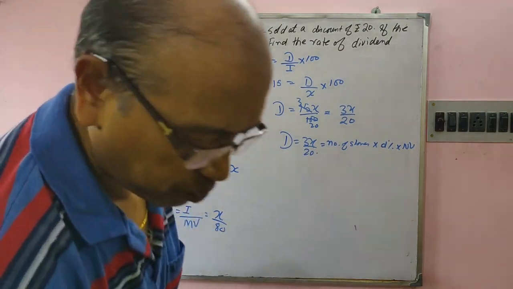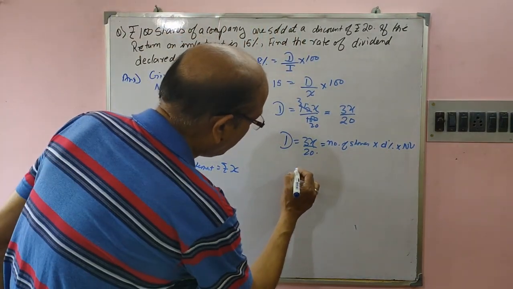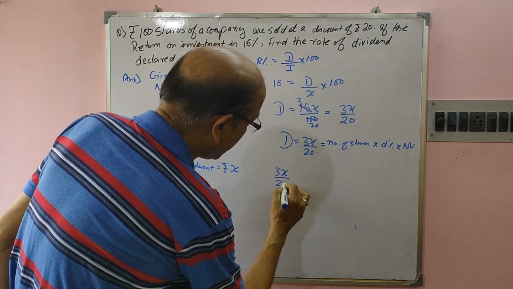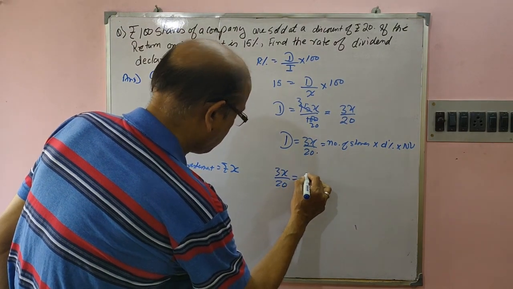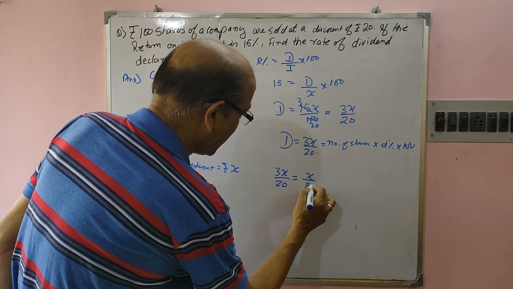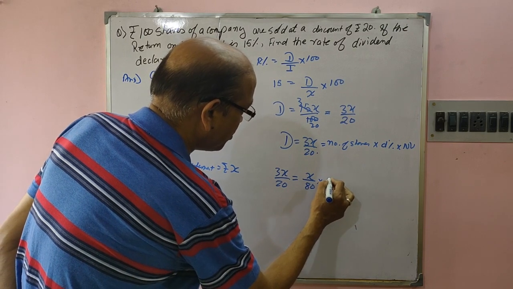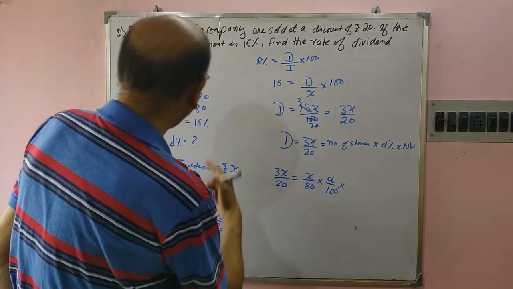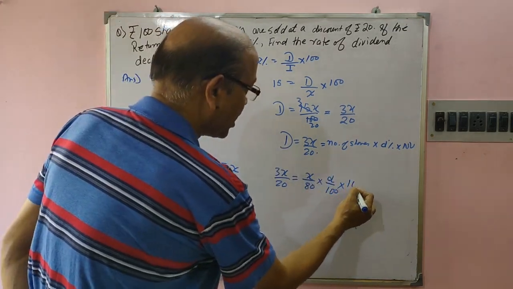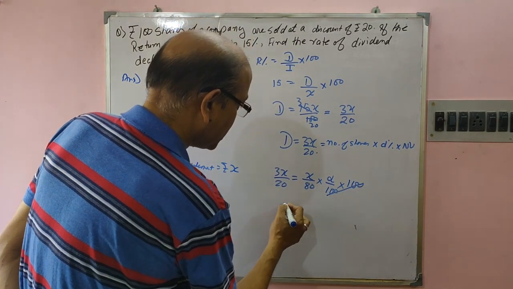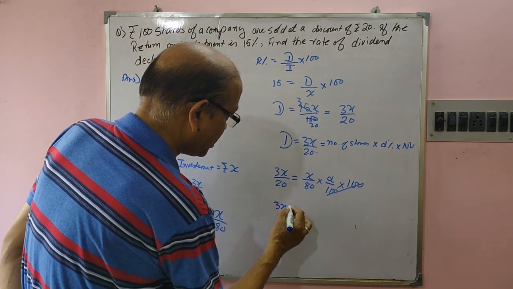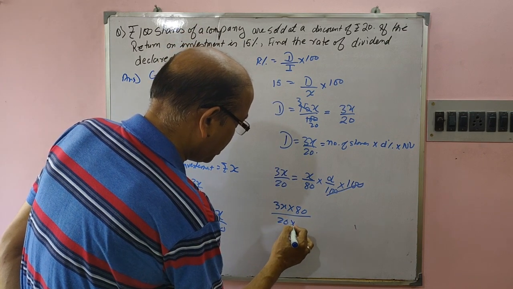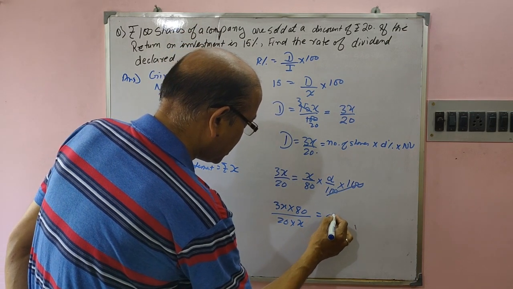Therefore, 3x by 20 is equal to x by 80 into D by 100 into nominal value 100, or D is 3x into 80 by 20 into x.